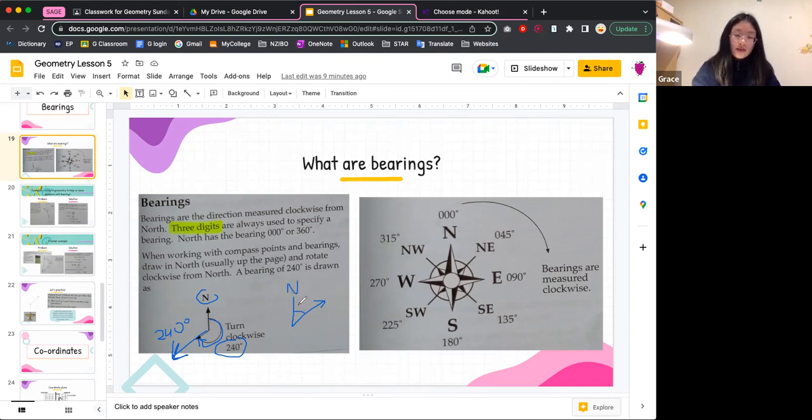And this might be 45 degrees, but your bearing must have 3 digits. So we can't just have 45 degrees as the bearing. So as it has over here, it's 045. We just add a 0 in front. So that would be the bearing.